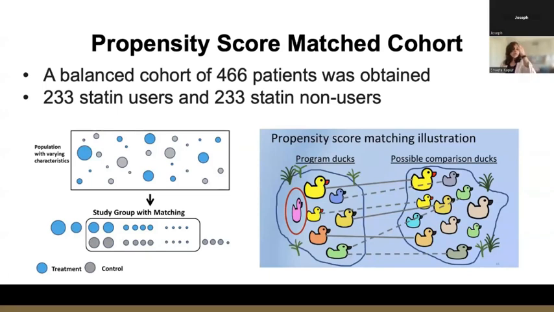But that was okay because we already had the traditional regression analysis on the entire sample, and we were using this technique to verify those results and add more weight to our findings. So now we had 233 statin users and 233 statin non-users. The point to note is that these groups were now very similar in baseline characteristics for all the factors that we thought could be confounders.